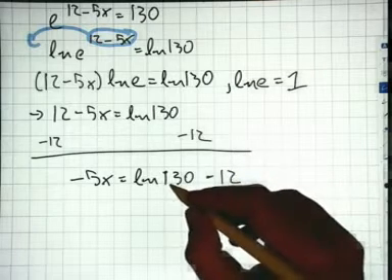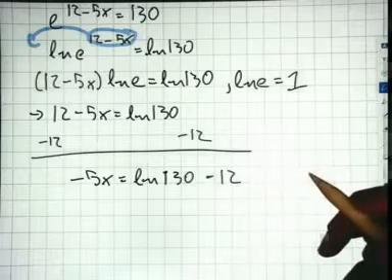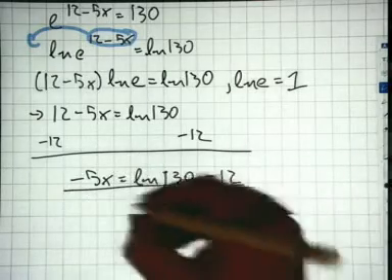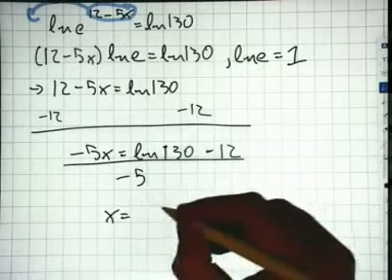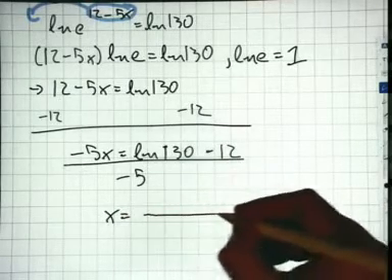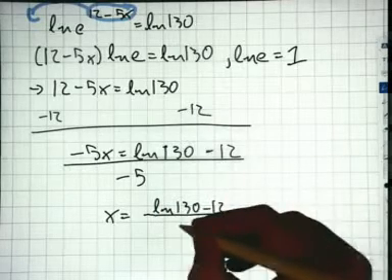I can't take 130 and subtract 12. I have to leave it like this. And then we can divide everything by negative 5, and that gives me x is equal to the natural log of 130 minus 12 over negative 5.